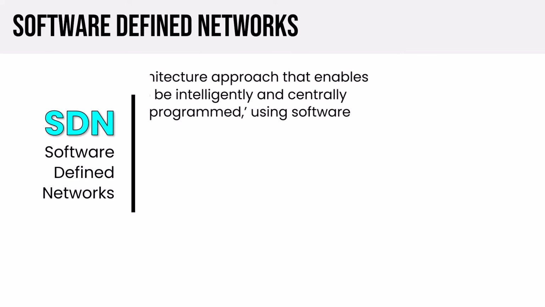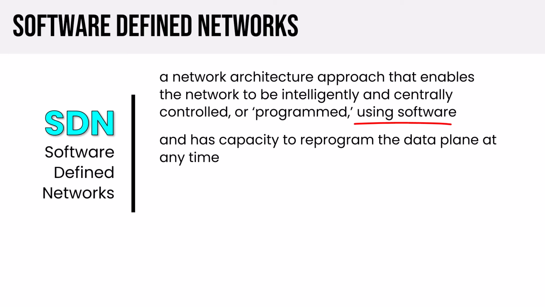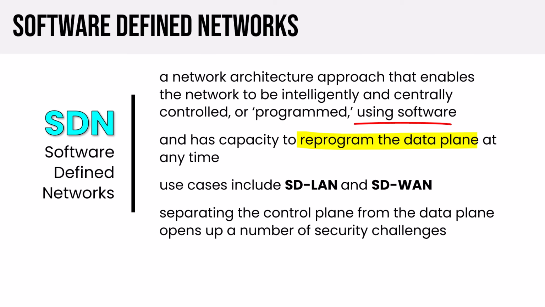So this is a network architecture approach that enables the network to be intelligently and centrally controlled or programmed using software, and has the capacity to reprogram the data plane at any time. SDN is pretty common in software-defined local area networks and even software-defined wide area networks. But it separates the control plane from the data plane, opening up a number of potential security challenges.